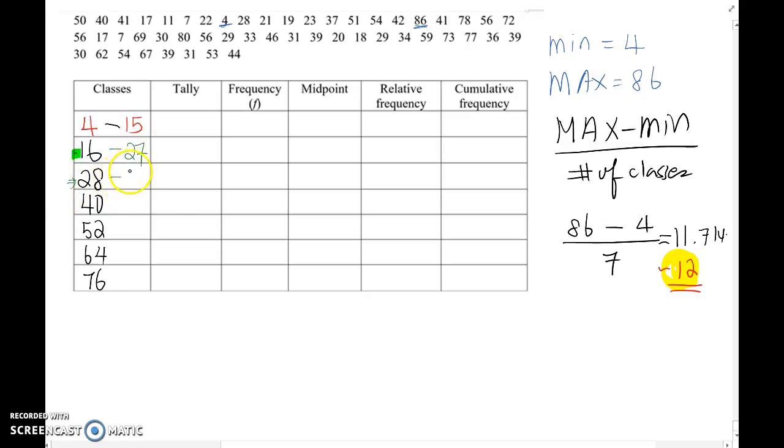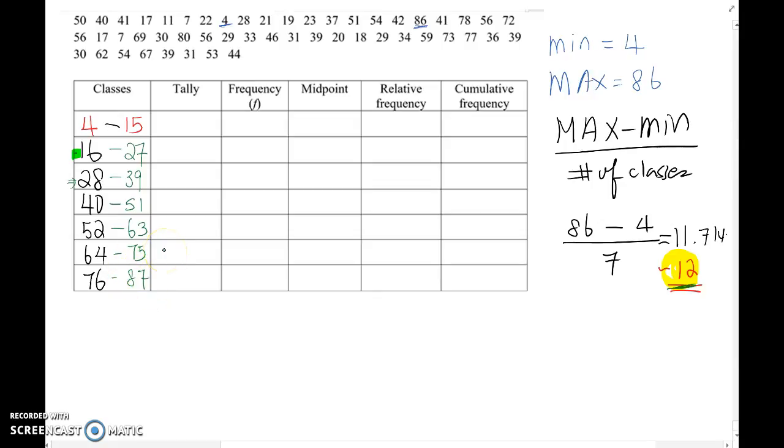Now then this becomes 39 and 51 and 63 and 75. And now to find the last class upper limit, you add 12 here. The reason is if the interval between two lower limits is 12, then the interval between two upper limits is also 12. So this becomes 87.